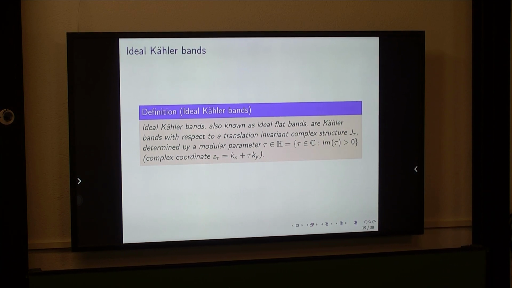So now, besides requiring that J is invariant under reciprocal lattice translation, so that it goes down to the quotient, to the torus, I also require that it is fully translation invariant. Such complex structures are determined by a modular parameter tau in the upper half plane, and you can think of it in terms of a complex coordinate in the universal cover, kx plus tau ky.